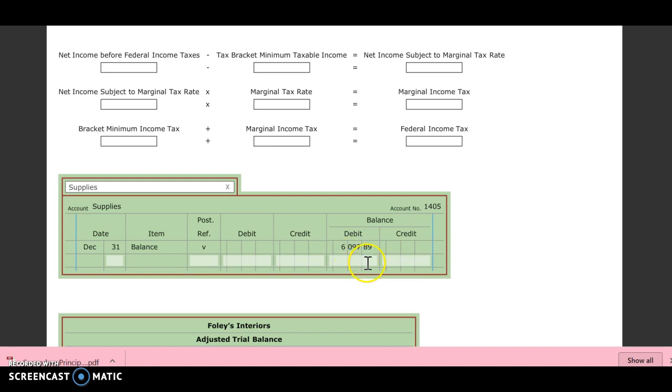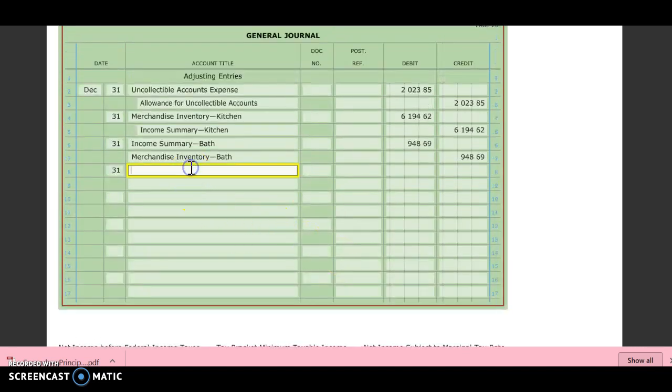So that means we're going to have to credit this account for $4,147.89. If we credit supplies, that means we're going to debit supplies expense. We're debiting for 4,147.89 and crediting supplies for 4,147.89.